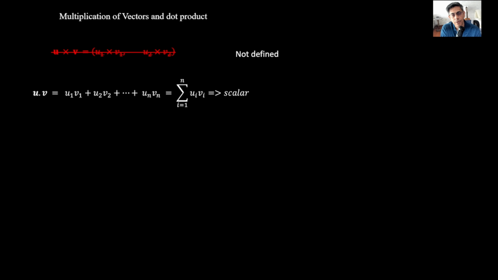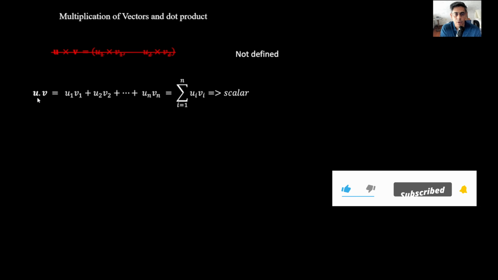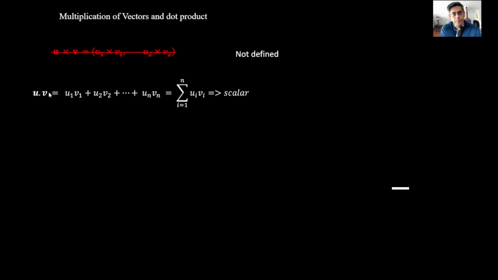But that's not the case, unfortunately. This is not defined in linear algebra. What is defined is that you do this multiplication, but then also add them all to get a scalar product, which we call u dot v, or u dot product with v. This is a dot product whose result is not a vector but a scalar.